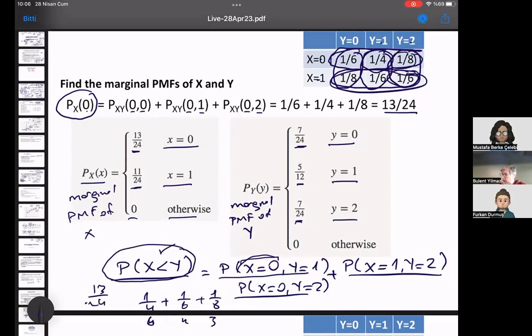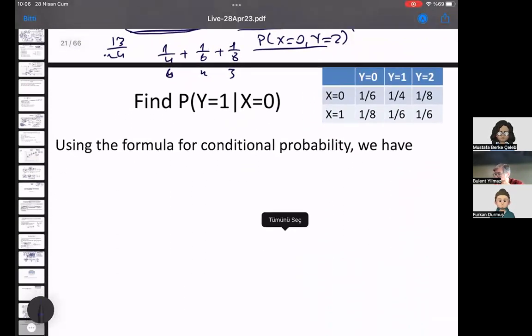This is correct. X is 1, y is 2, again correct. X is 0, y is 2. If it is probability of x equals 1 and y equals 1, it is not correct, right? Because x should be less than y. Okay, I hope we got the main idea.